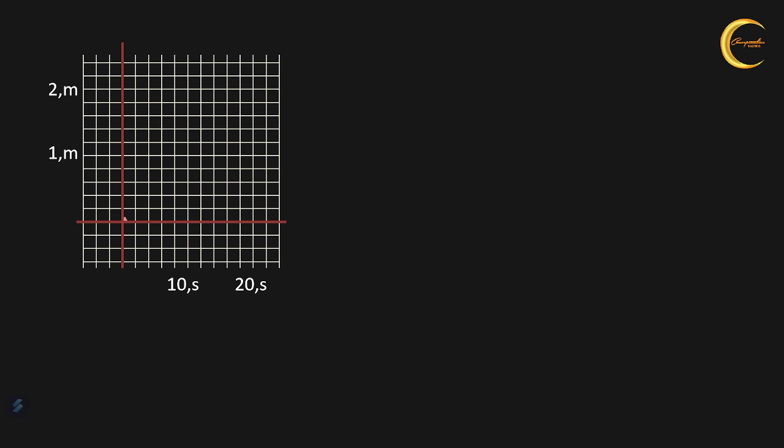Now you see here this point is moving rectilinearly in one direction. Now you see this point's position. Here the time t is on the x axis and the distance s is on the y axis.